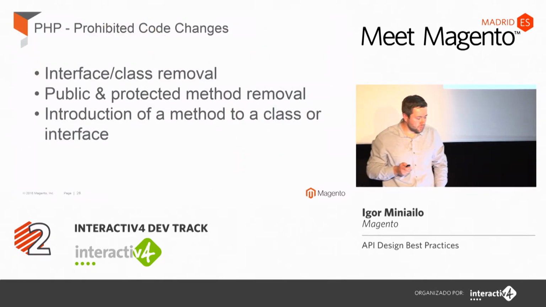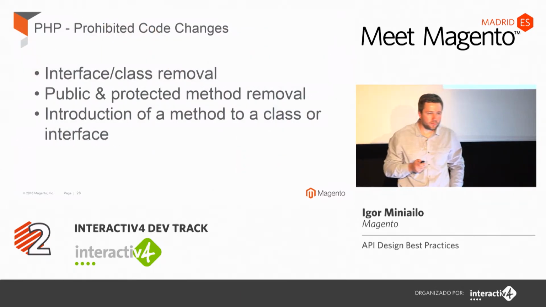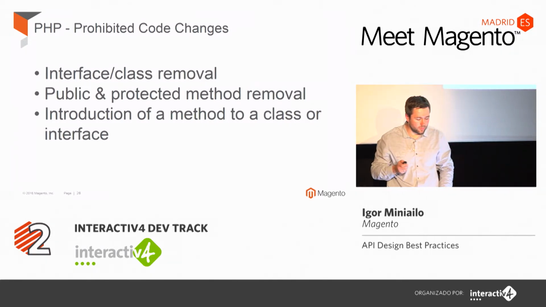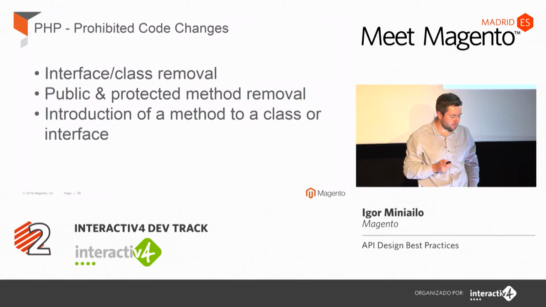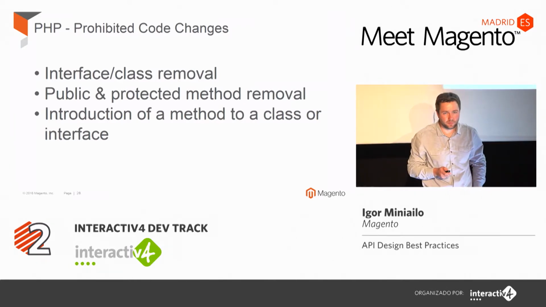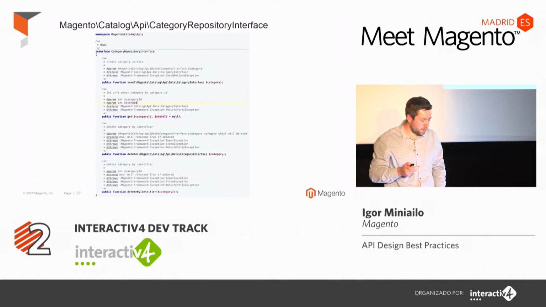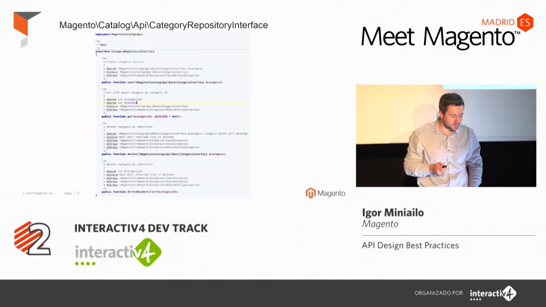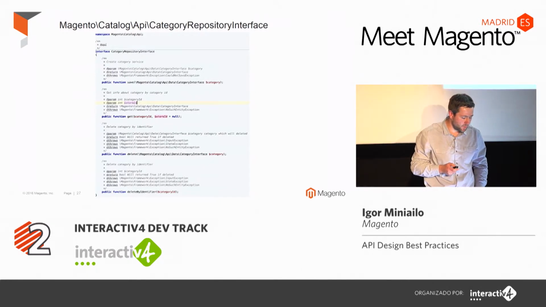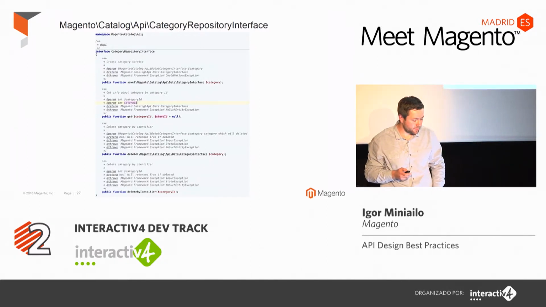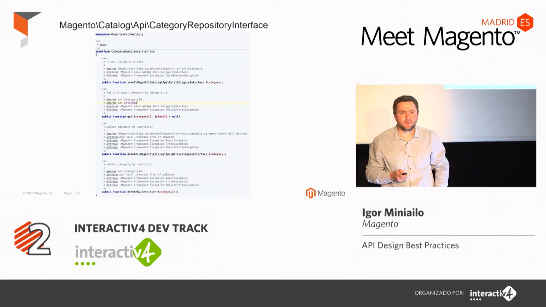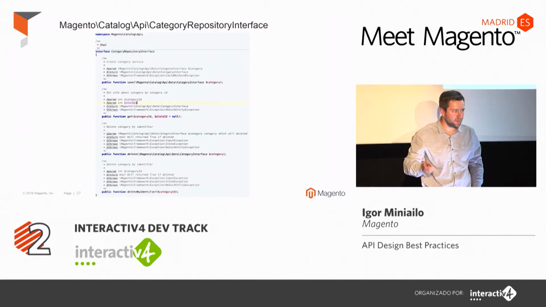We are not allowed to remove either interfaces or classes. We are not allowed to remove any public or protected method, and introducing a method to a class or interface is also prohibited. Actually, we had a pretty interesting story. We had a category repository interface, and we didn't have a get list method because we considered that we have a category hierarchy interface and everything could be done via that interface.